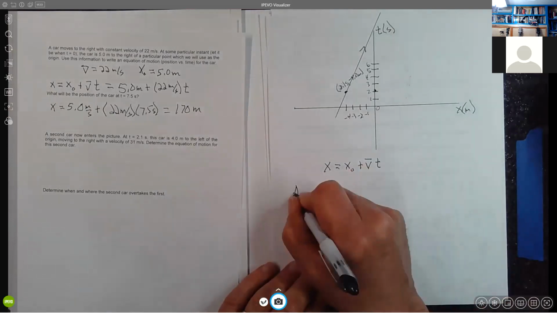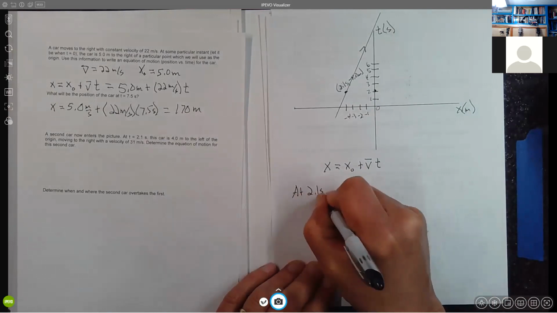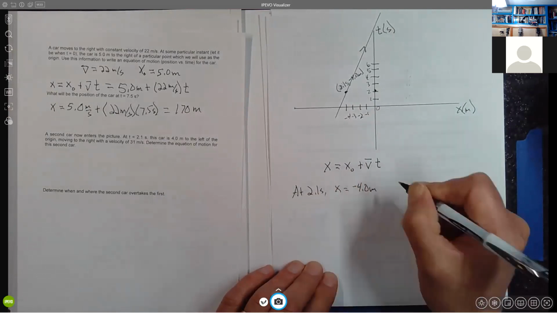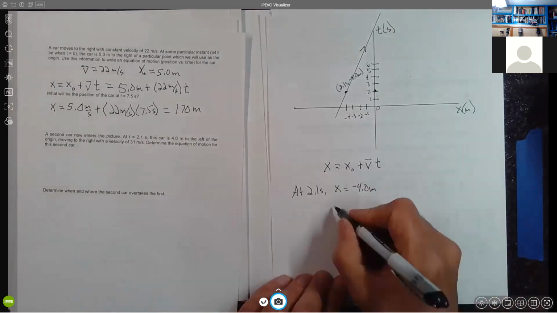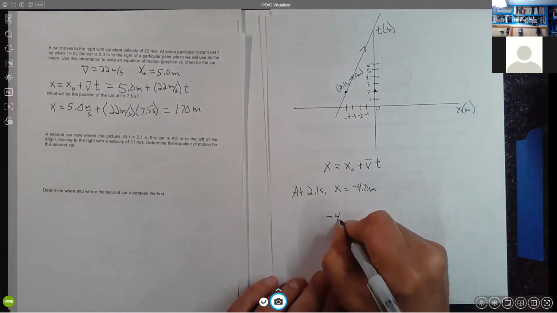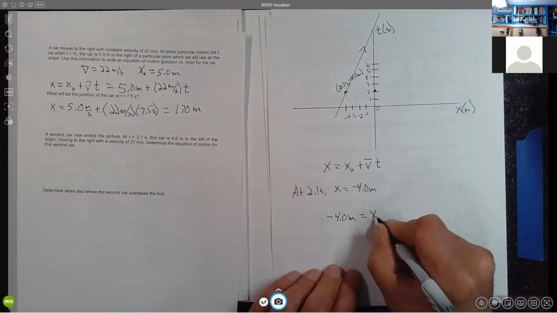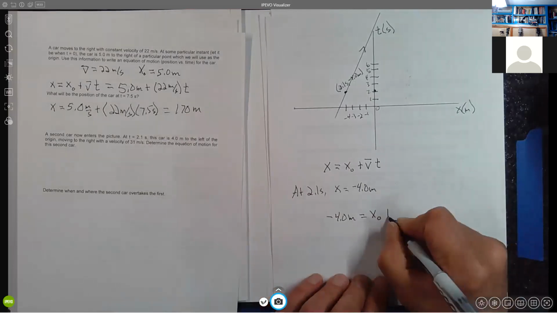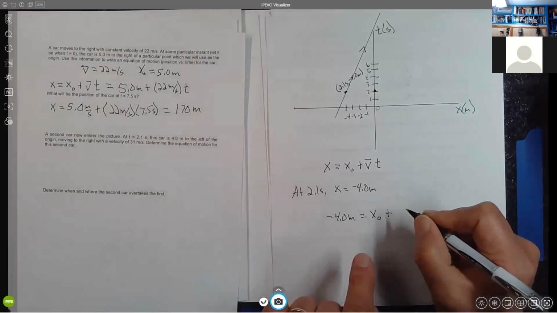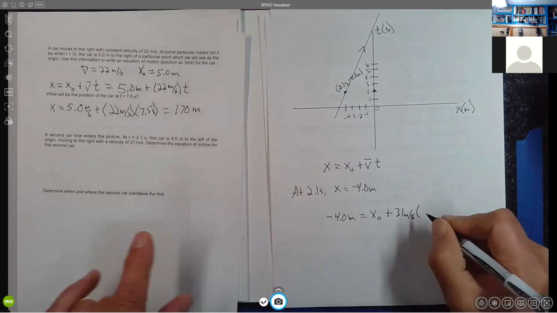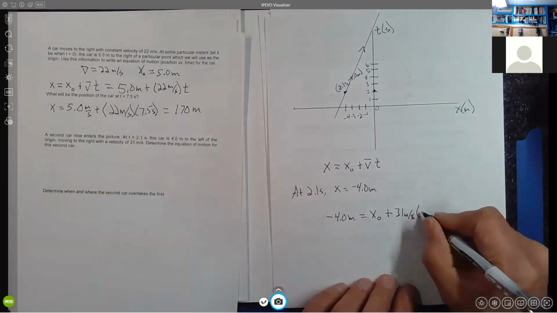So at 2.1 seconds, x is -4.0 meters. So I'm going to plug that into here. -4.0 meters is going to equal wherever it is at time 0, which I don't know, plus the average velocity, which was 31 meters per second, times 2.1 seconds.